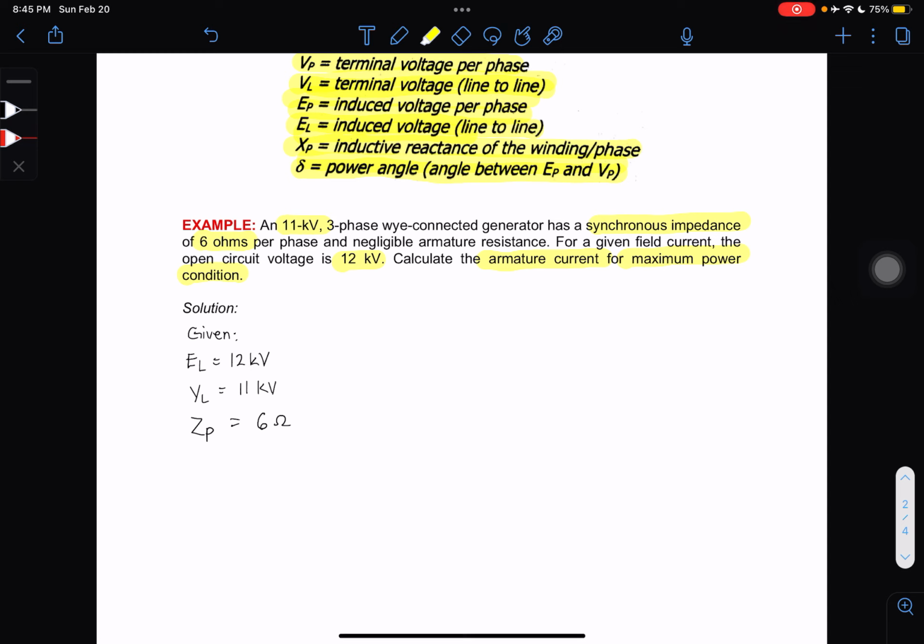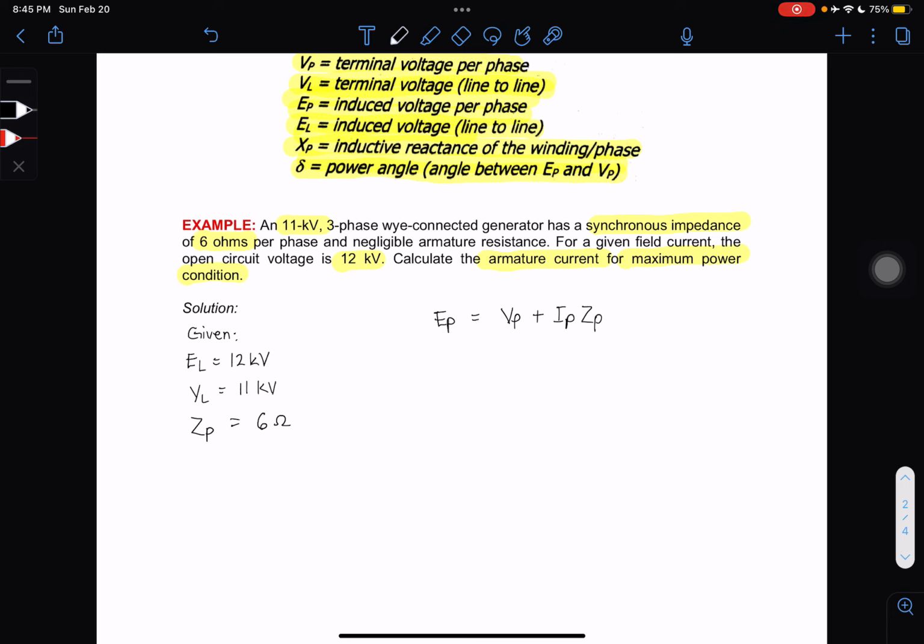So, proceed to our formula. First formula, we have EP is equal to VP plus IP ZP. We need to convert our line to line to per phase.